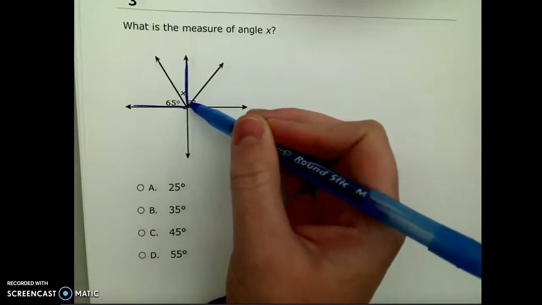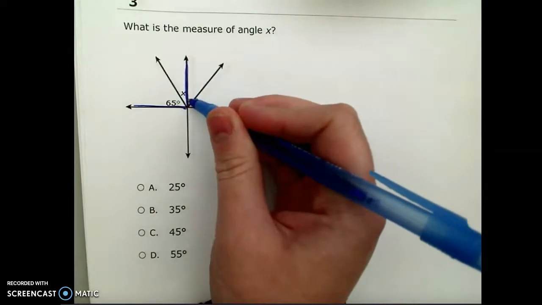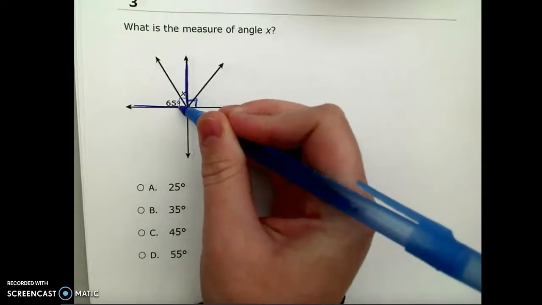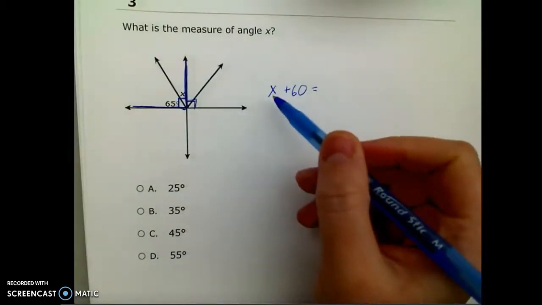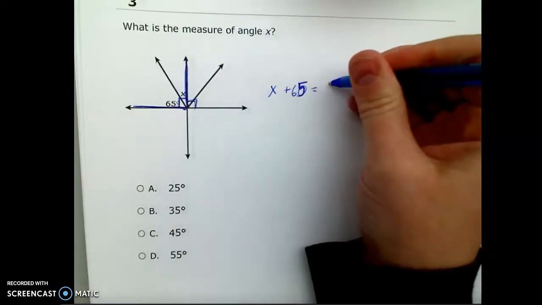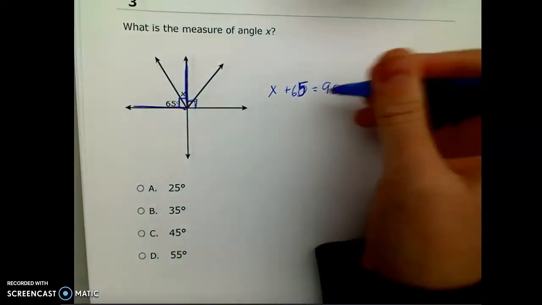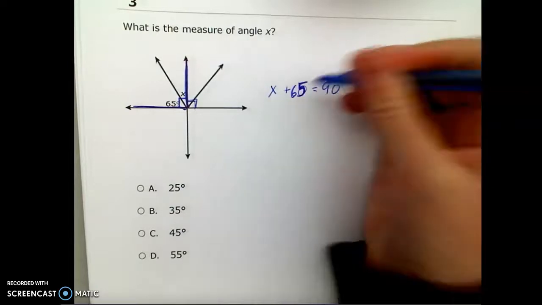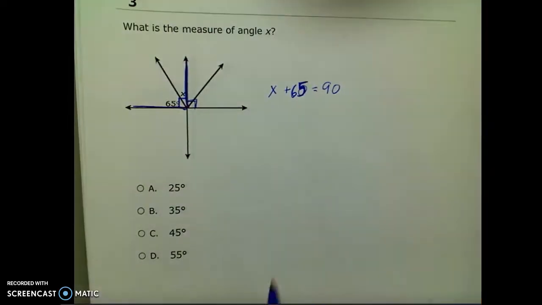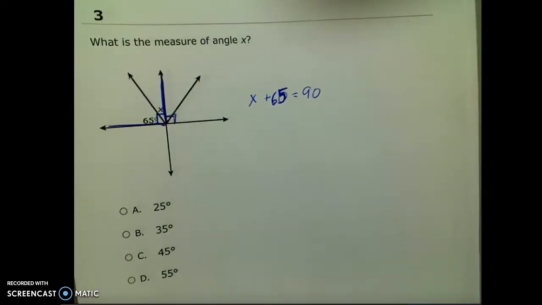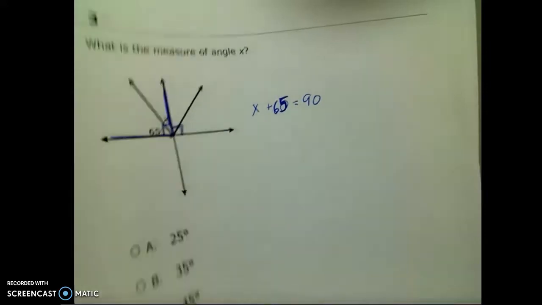If this side is 90, and it's on a straight line, the other side would also need to be 90. So I'm going to write that x plus 65 is going to be equal to 90 degrees. Then we would just need to solve to get our correct answer. I'm confident you can do that by yourself. So we're going to leave that one, and we're going to jump ahead to number 8.